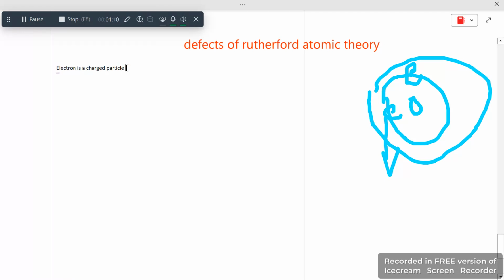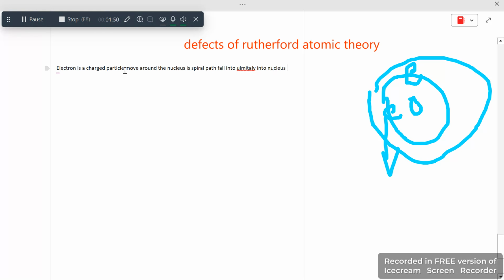Electron is a charged particle and it moves around the nucleus in a spiral path and falls ultimately into the nucleus.